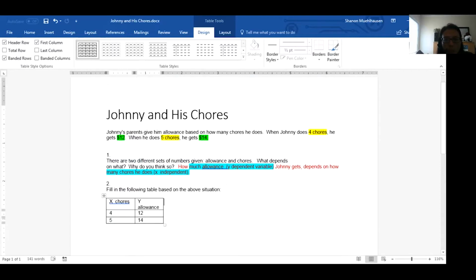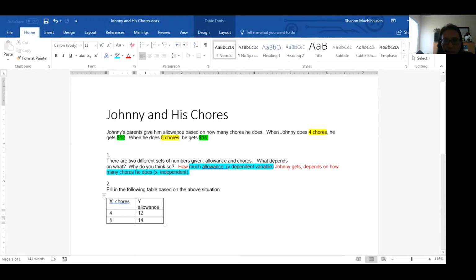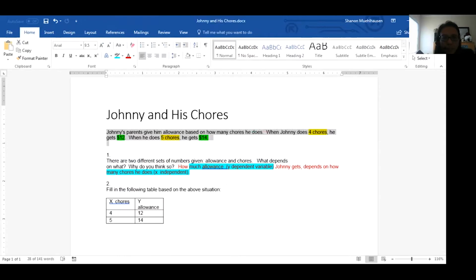What I want you to notice here before we wrap up is that if I went back to this original word problem, that's what my students say give them so many headaches in algebra, are the word problems. So if we look at turning this word problem into the algebraic language we're used to, we know that chores are X. So if we wanted to write this as an ordered pair, we'd make sure that we always list chores first.